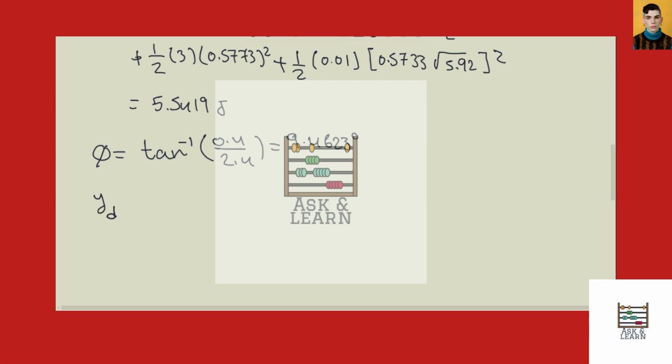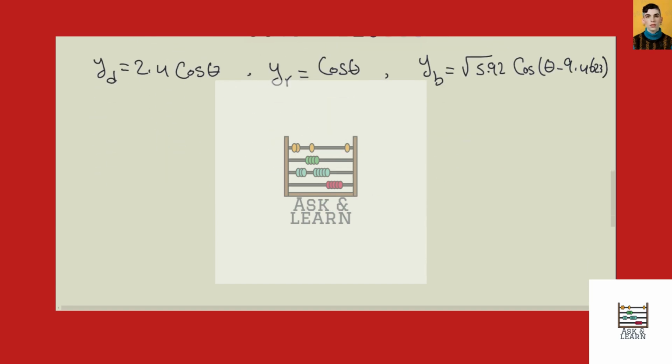Then yD equals 2.4 cosine theta, and yR equals cosine theta, and yB equals root 5.92 cosine theta minus 9.4623. Thus, we find the gravitational potential energy of the disk, rod, and bullet with reference to the datum.